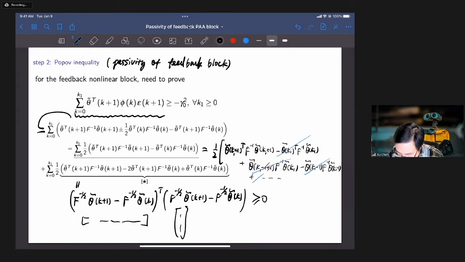And the only thing that remains is when you write out the last one, when K equals 0. At the beginning, it's going to be theta tilde 1 F inverse theta tilde 1 minus theta tilde 0 transpose F inverse theta tilde 0.